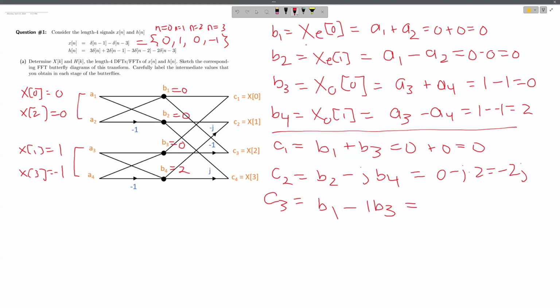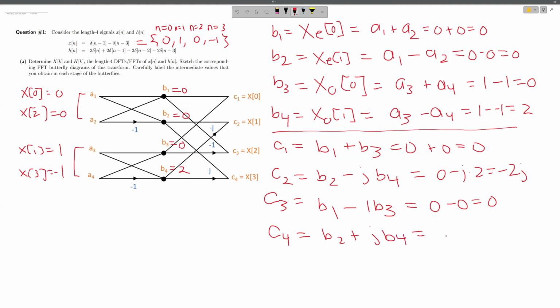So this would be 0 minus 0 equals 0. And now C4 gets a contribution from B2 plus J times the contribution from B4.